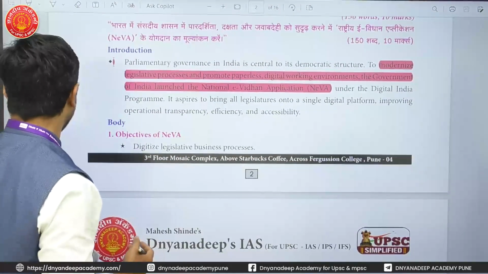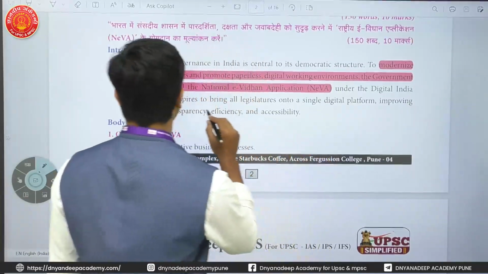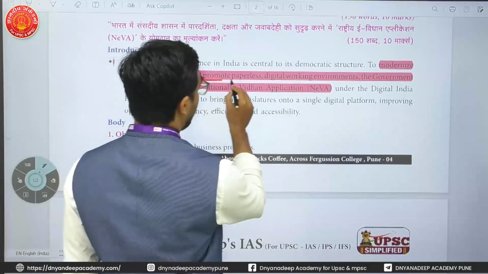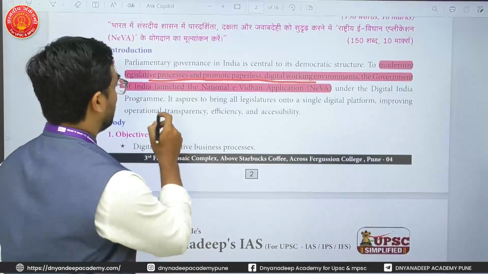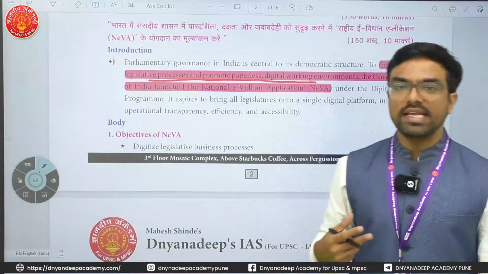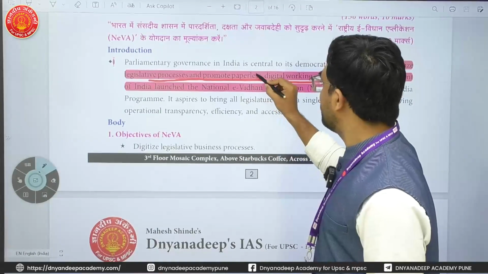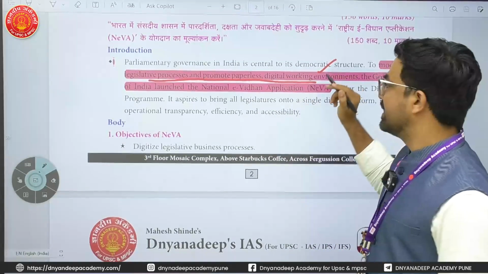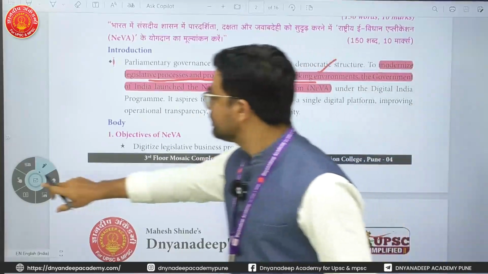So in the introduction, you say the purpose of this e-Vidhan is to modernize legislative processes and promote paperless digital working environments, right? That's why the Government of India has launched e-Vidhan, to make legislative processes more efficient, paperless, and promote a digital working environment. So that's why it has launched the National e-Vidhan application.